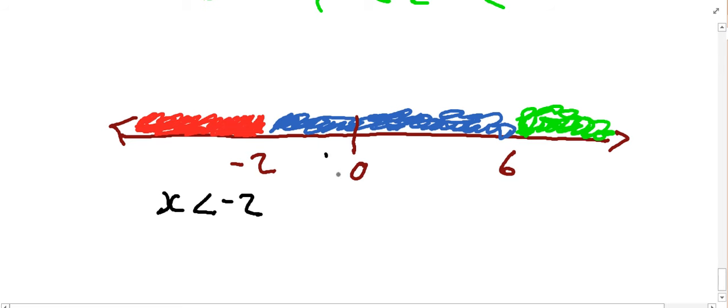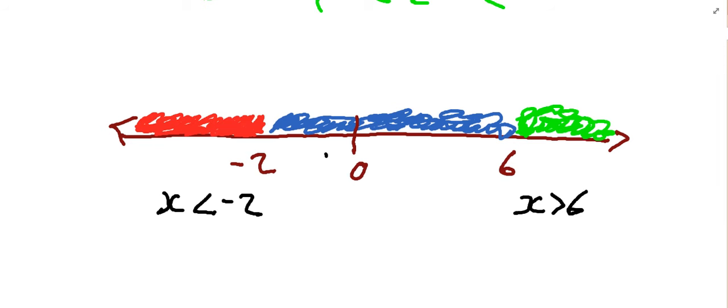I'm going to skip the middle for now and go to the green side, where x is greater than 6. Isn't that simple?